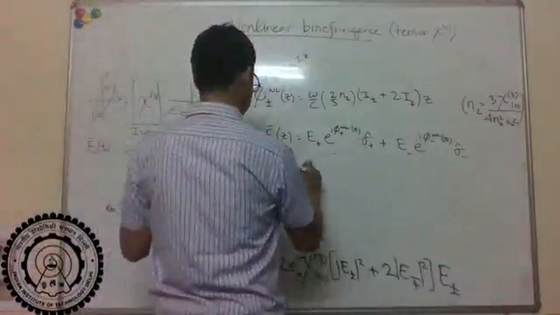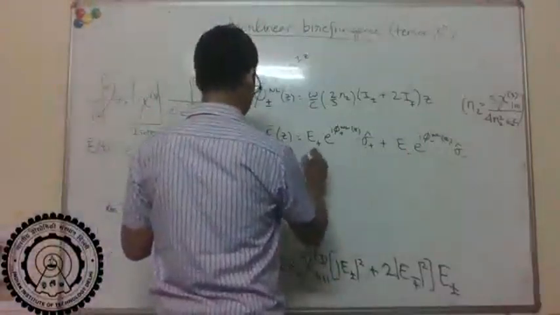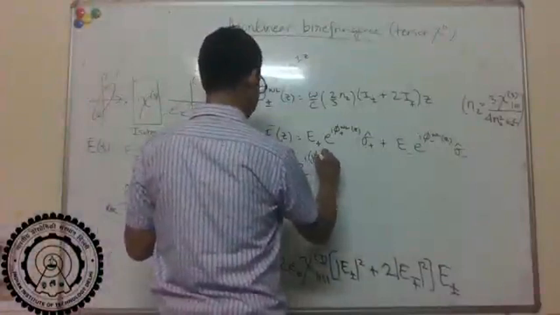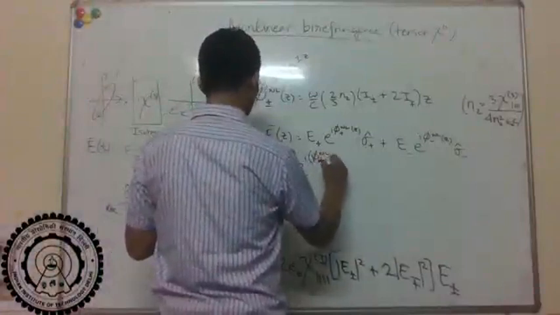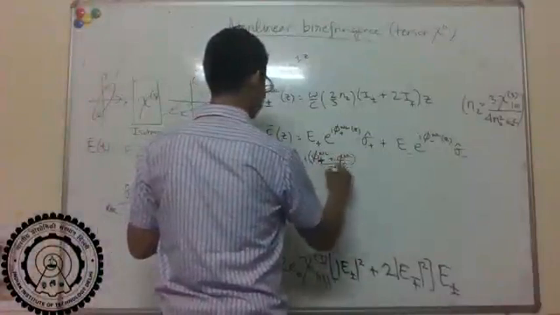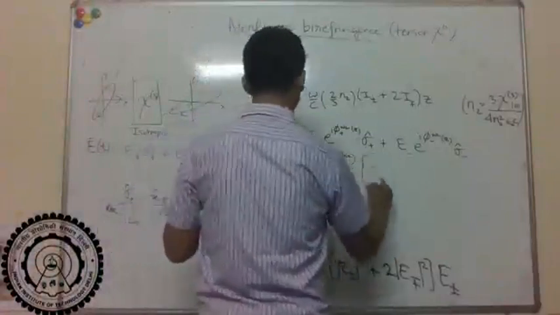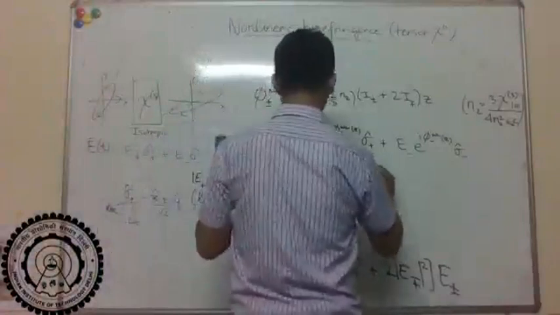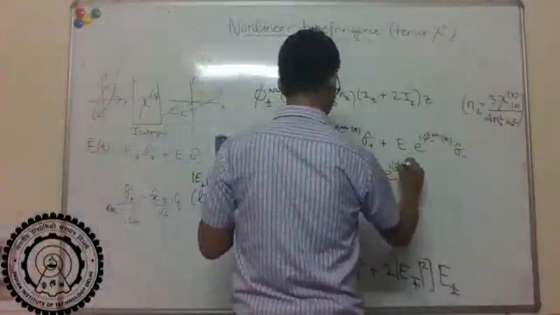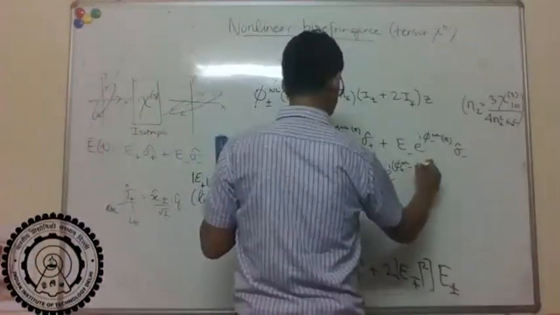Here I can just take out a common phase, which is the average of the two, phi plus plus phi minus by 2. Then I have here a phase difference between the two.